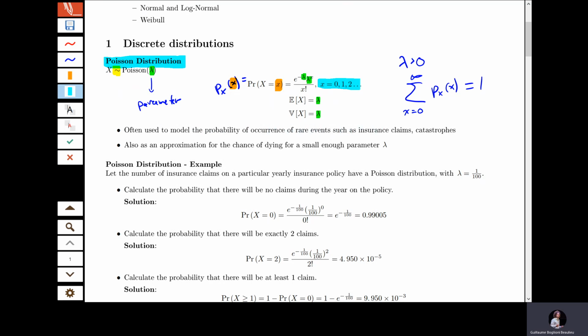So rare events, how many of them happened? You might use a Poisson. A Poisson will not necessarily be a good fit, but sometimes it is. It says that you can use the Poisson to count the number of people who died, provided the parameter lambda is small, but this is maybe a side note. Okay, it's not that important.